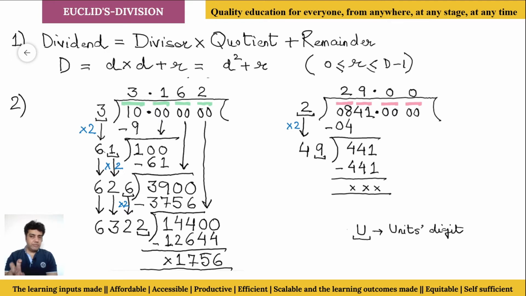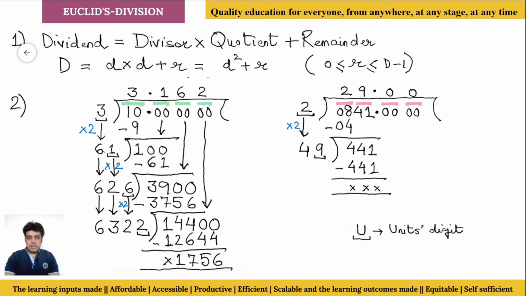So I have taken 2 pairs of zeros, and for 841 I have prefixed a 0, because I need to form pairs of the digits that appear in the number whose square root has to be found. So if I have a 3-digit number, I have to make it a 4-digit number. If I have a 1-digit number, I have to make it a 2-digit number, etc. So we performed the first step in both the cases.